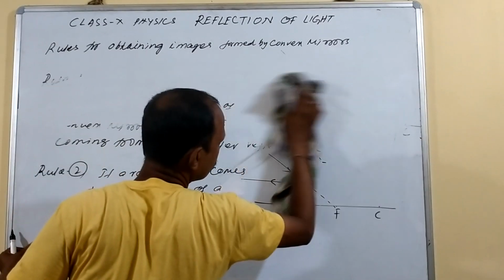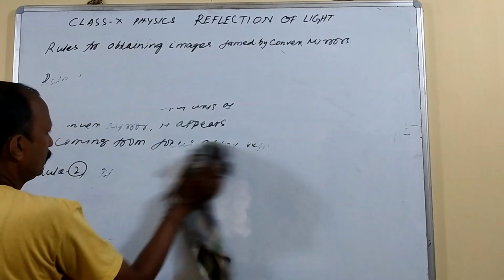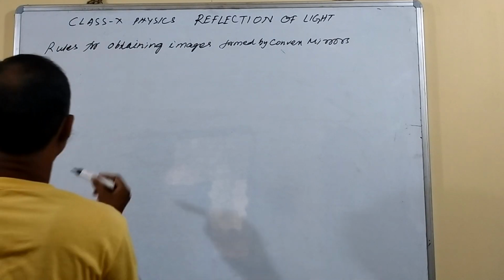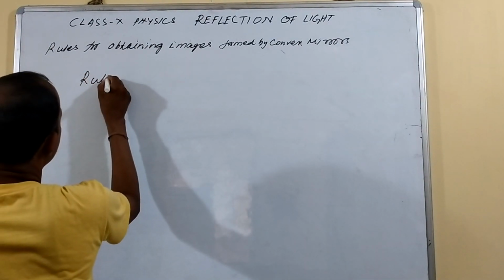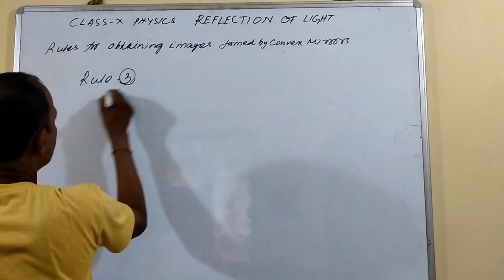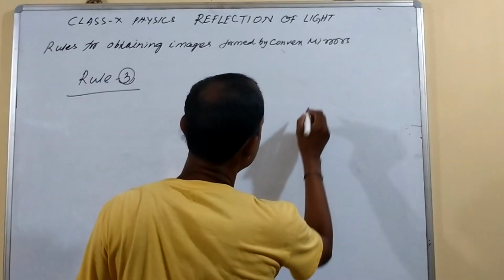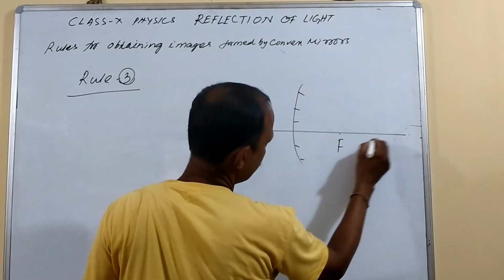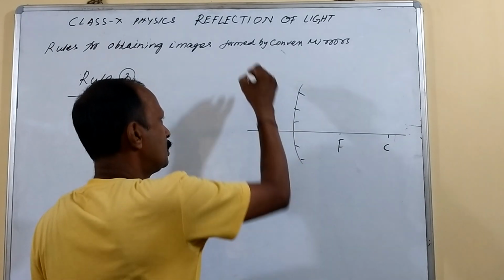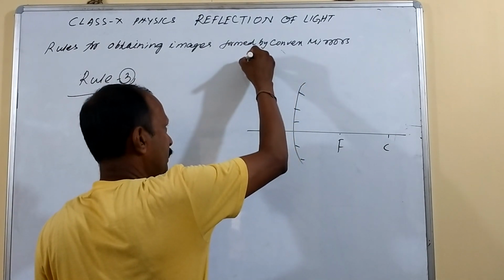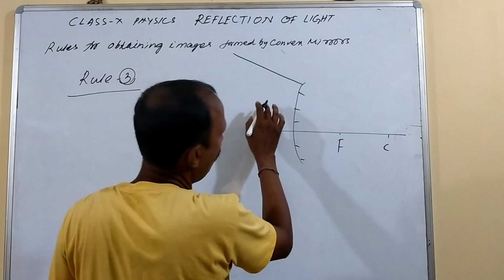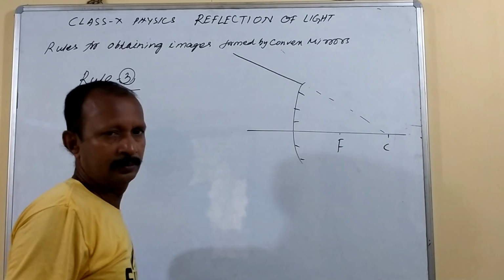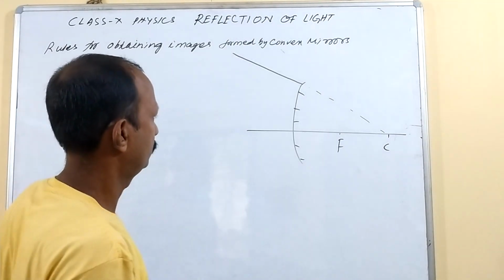So, rule number 3. What is that rule? This is the focus, this is the center of curvature. Suppose one ray of light is coming towards the center of curvature.